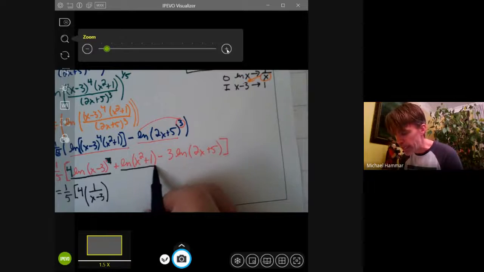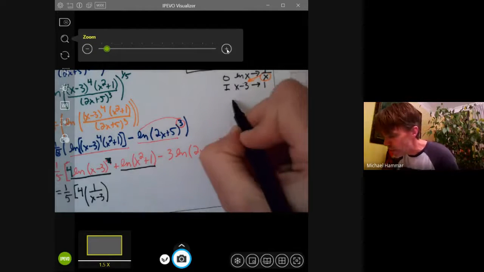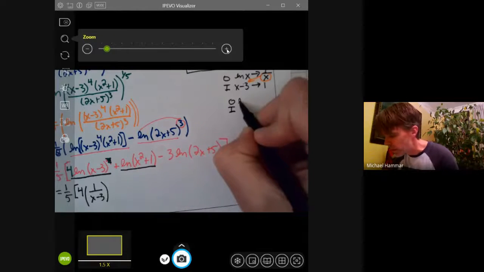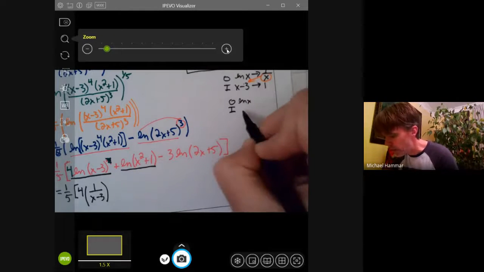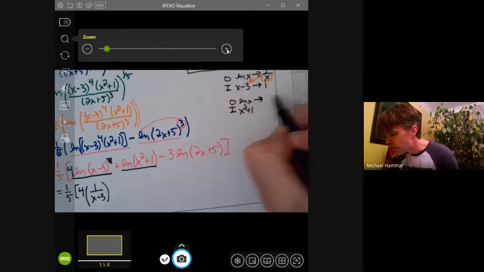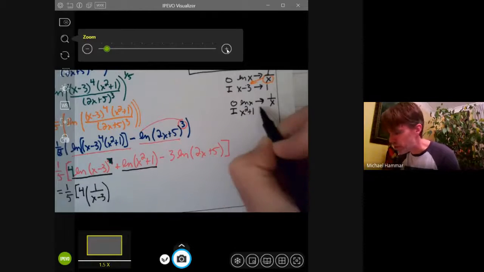You should notice again, this is going to be the chain rule. So I'm going to go off to the side here, and I'm going to do my chain rule stuff for this piece. So it's going to be natural log of x, and then notice the inside is x squared plus 1. So still, the derivative is 1 over x, and the derivative for this one is 2x.